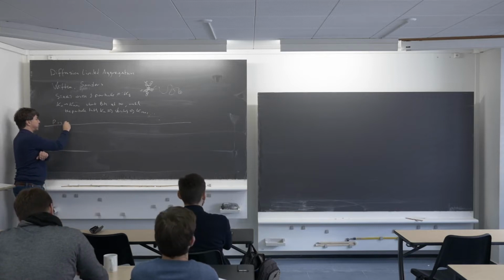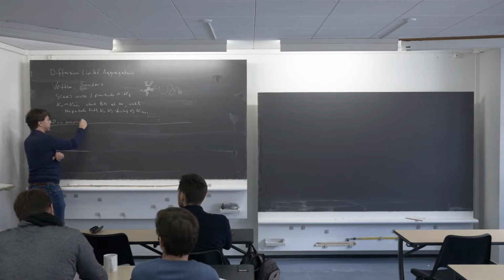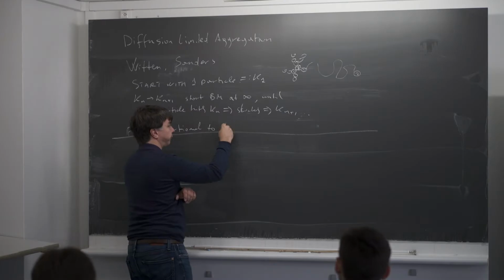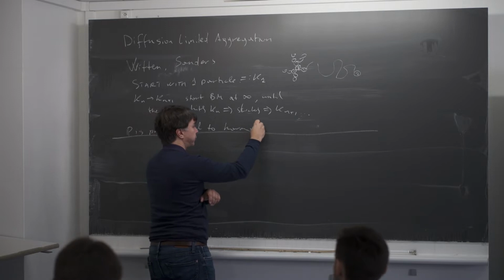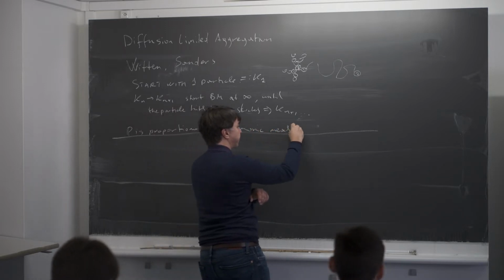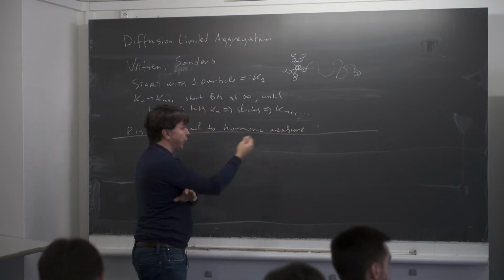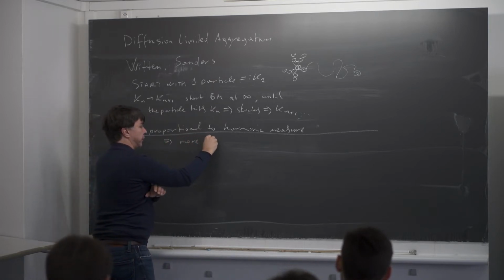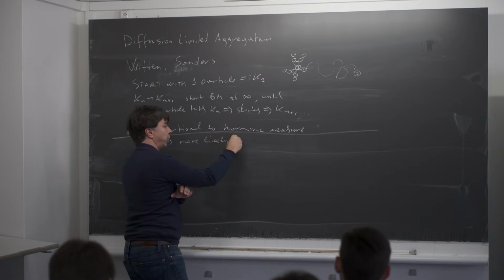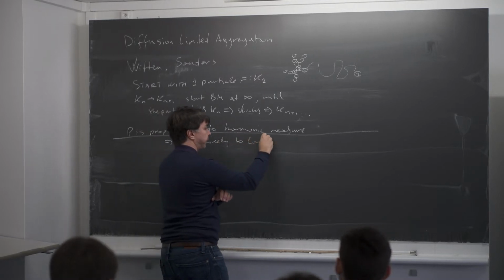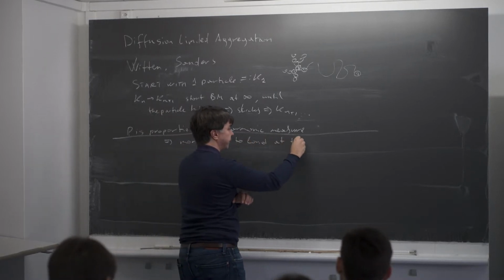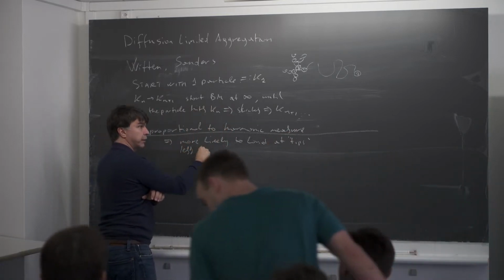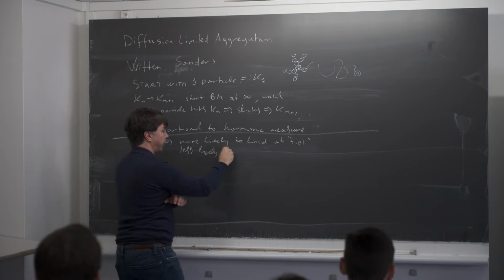So probability is proportional to harmonic measure. And it means you are more likely to land at tips, less likely to land at fjords.